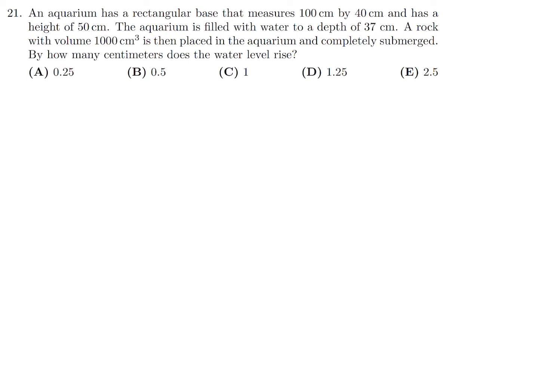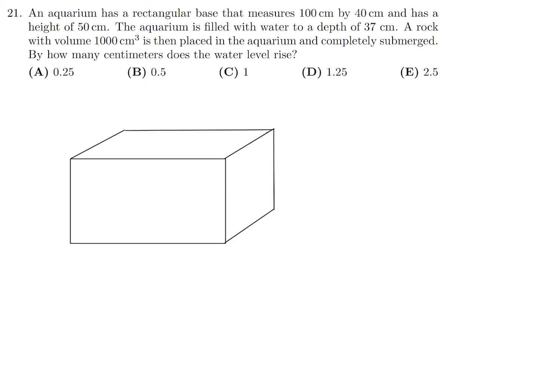How many centimeters does the water level rise? So first let's draw an aquarium. So here's our aquarium, and our dimensions they tell you is 100 times 40 and 50 for the height.